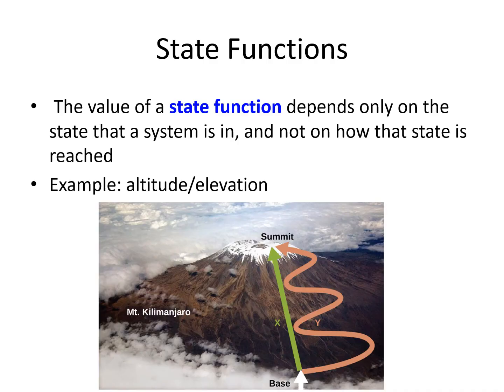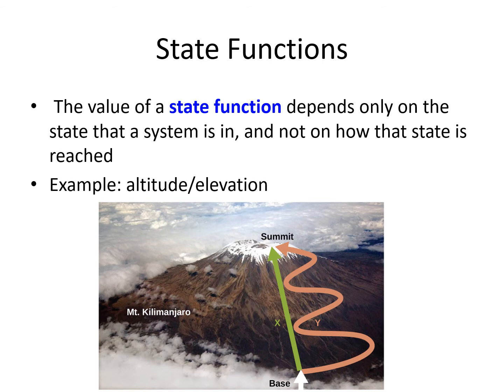So we're going to be looking at enthalpy, which is a state function. A state function is a function that does not depend on how the state is reached. It only depends on what state the system is in. So an example is climbing a mountain. You could climb it basically straight from the bottom, straight to the top.